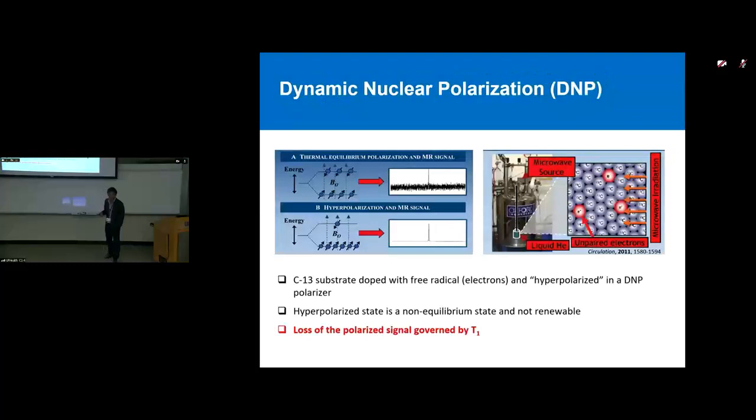The reason why MRI and NMR are very insensitive is because when we think about a magnet like carbon-13 or proton in the MRI, what you're looking at is how they align themselves along the magnetic field.